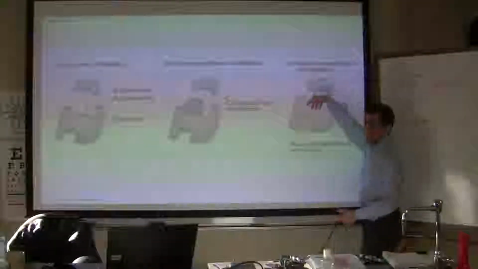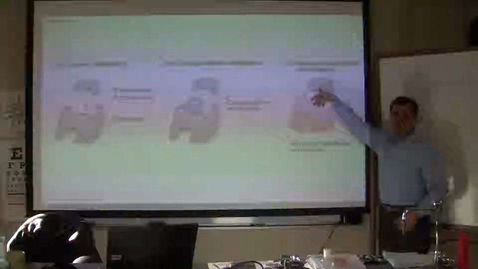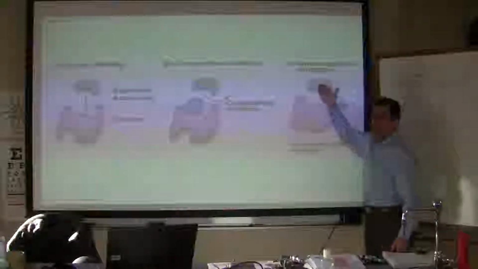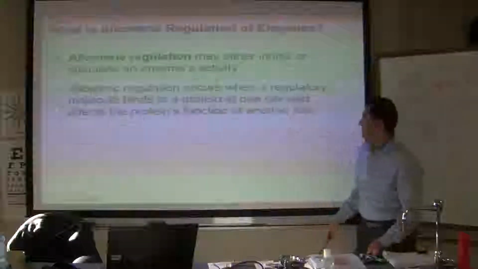The shape changes. This is not a perfect lock and key. Am I making some sense? Lock and key, we talked about this. This is not a perfect fit. Sucrose will not break down to glucose and fructose. That's what I'm talking about.